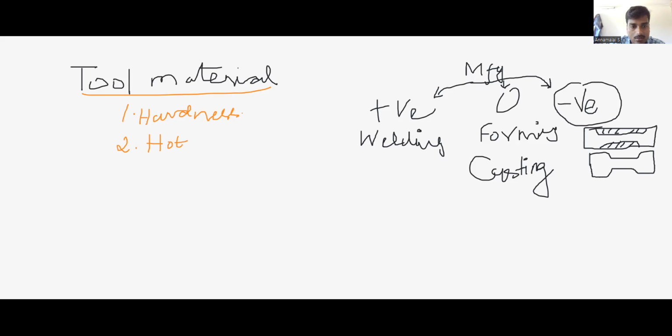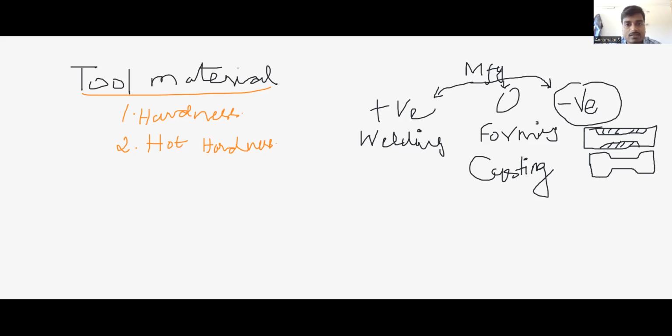We just saw what hardness is: resistance to scratch. The tool material should not undergo any type of penetration or scratch, or plastically deform. That's why the hardness property is important.